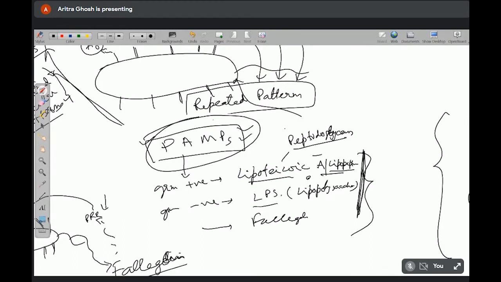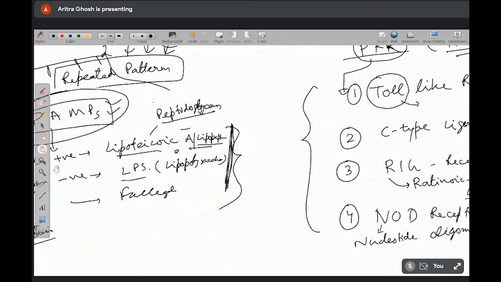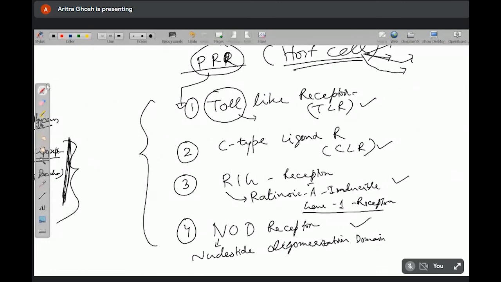So now these are the patterns which are told receptor. Now I am coming to a cell. Suppose this is a host cell. First, toll-like receptor is present both in the membrane and also in the cytoplasm. The toll receptor ligand is horseshoe shaped, do you see it like this? This is a horseshoe shaped toll-like receptor. It may be cytosolic and it may be transmembrane.